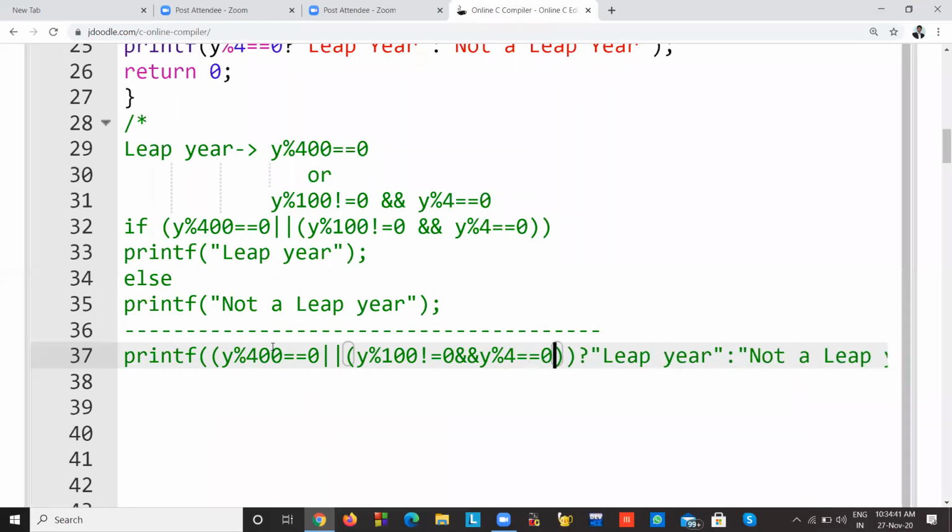Good. Okay, so either this second condition or this first condition, any one should be true. Any one, that's what OR means. So it should be divisible by 400, otherwise not divisible by 100 and divisible by 4. If either is true, it is a leap year, otherwise it is not a leap year.